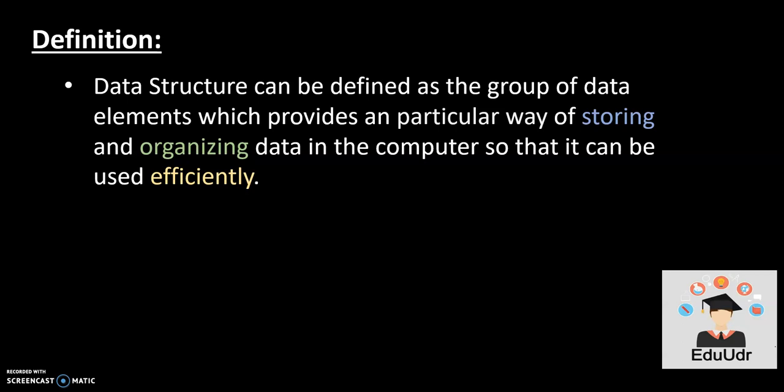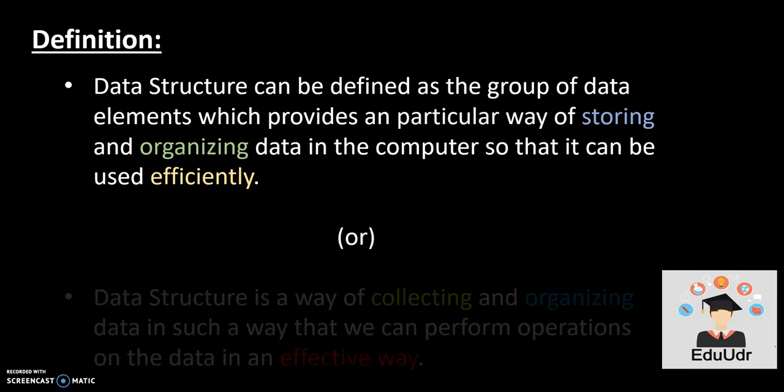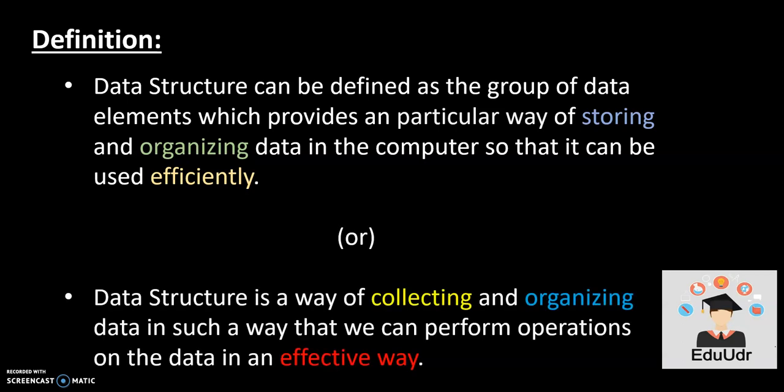It states that data structures are defined as storing and organizing the data in a computer so that they are used efficiently. We have the second definition too. Data structure is a way of collecting and organizing data in such a way that we can perform operations on the data in an efficient way.